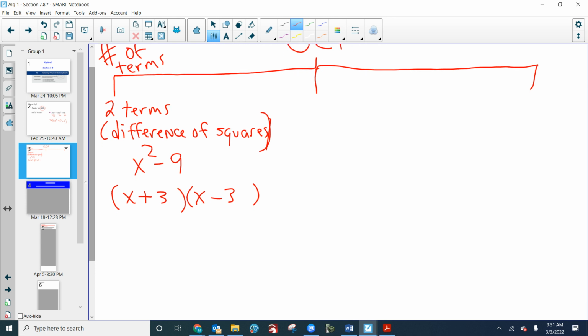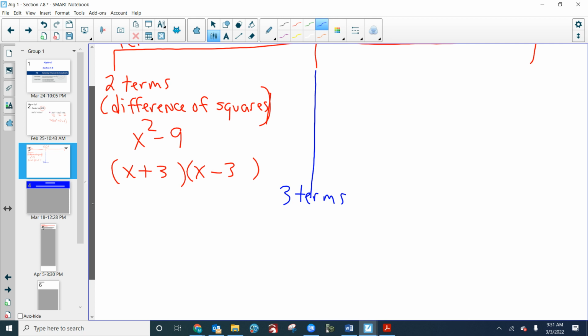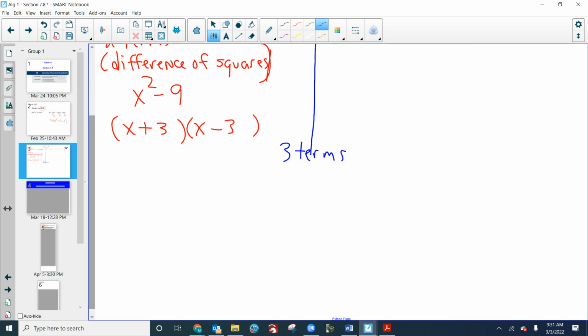Okay, I'm just going to go down under where I wrote this to make myself room. Okay, we have 3 terms. Next, if you guys remember the quiz we just took, 3 terms, I have 2 situations.